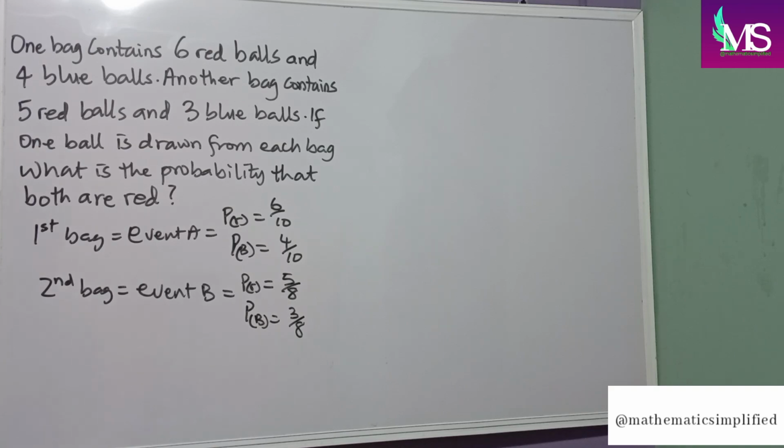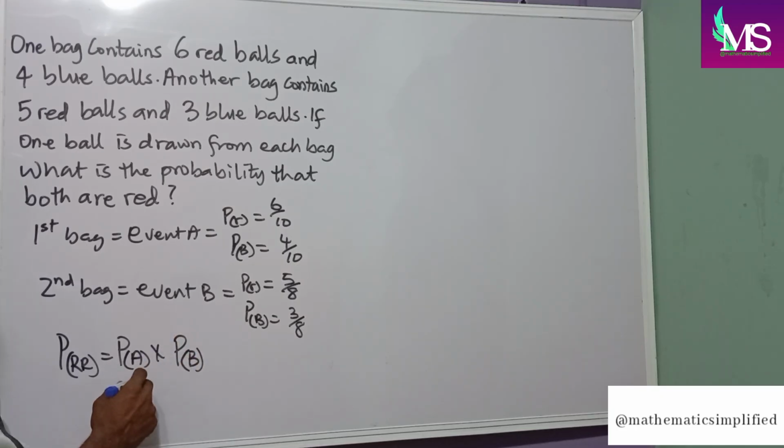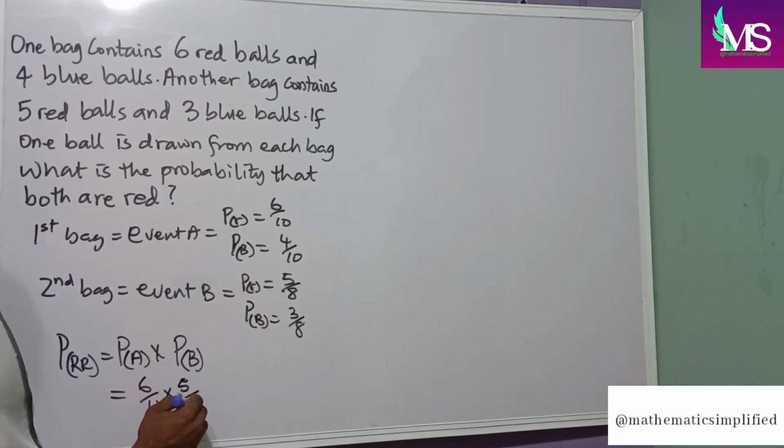Now to our question that says find the probability that both are red. If both are going to be red, that means the probability will become probability of red in A times probability of red in B, which is going to give us 6 over 10 times 5 over 8.